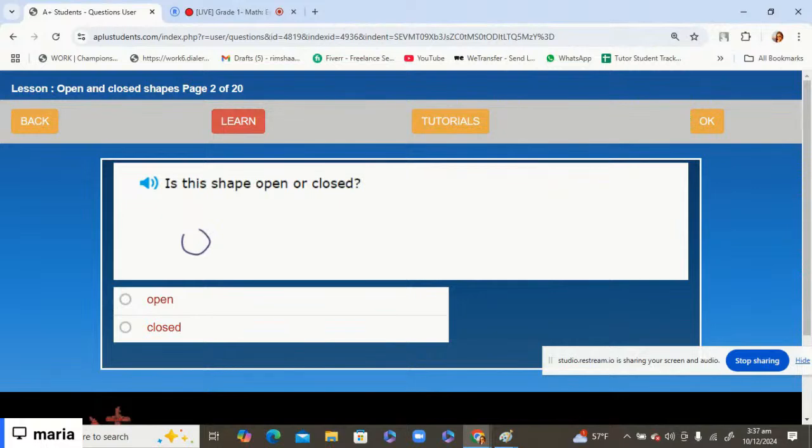No, it's not same, it's different, because when we see the starting point and ending point, this is a different. So it means that it's open shape. Okay, so what's the option? Option A or option B? Option 1. Very well done everyone. Very good. So let's go with it.